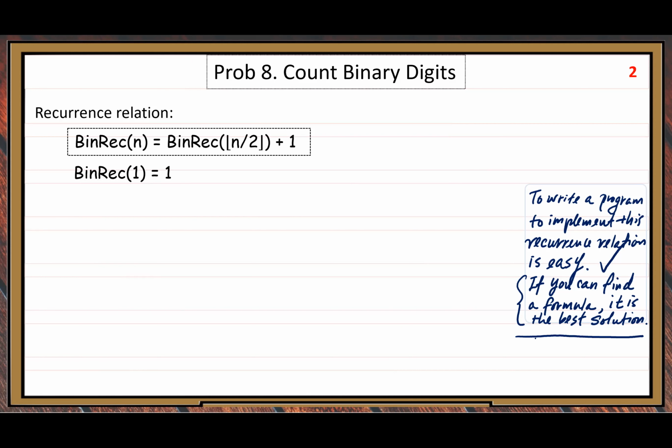Or we just write a program to evaluate the value using this formula. That will be much faster than your program implementation from the recurrence relation directly, because you need to do a lot of recursion, right? If I have a formula when I plug in, I do not need to do recursion, I just do simple calculation.